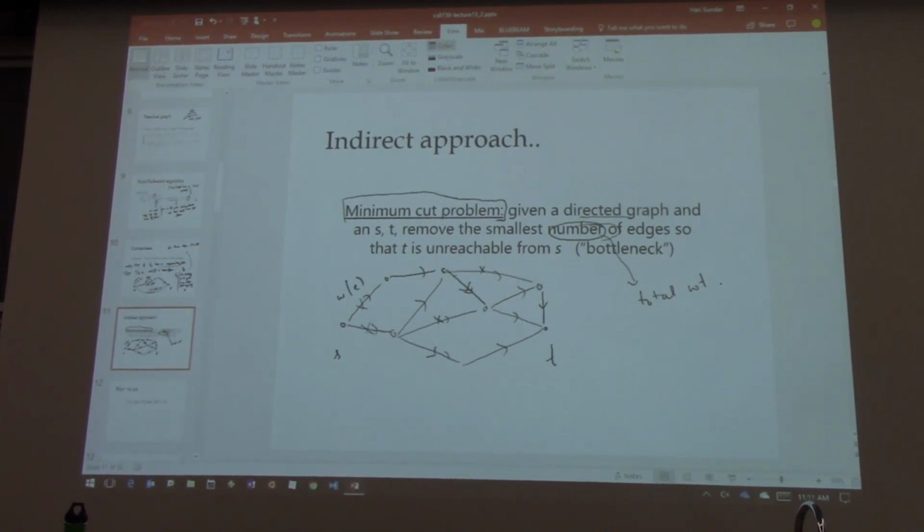Now I'm going to do something interesting. First I want to make a simple observation that connects the flow problem to the cut problem.